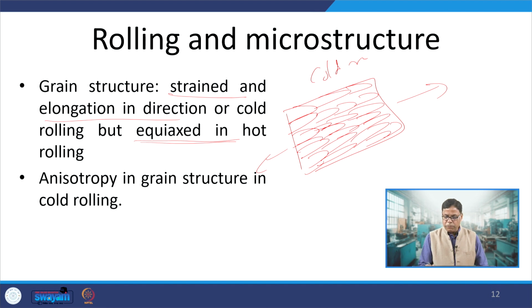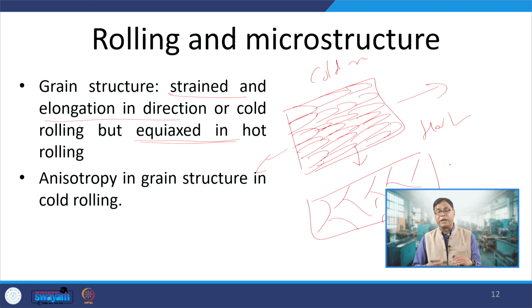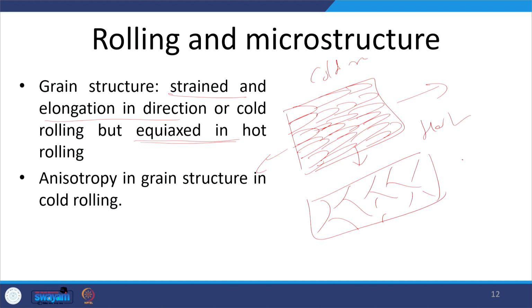But when hot rolling is done, the deformed structure is produced during the rolling, but later on recrystallization produces the equiaxed grain structure, and no directionality is present. So, more uniform properties are produced when the metal is subjected to hot rolling.